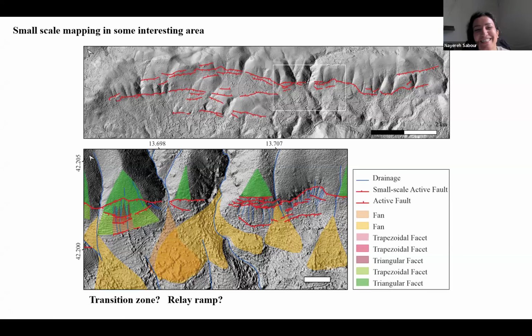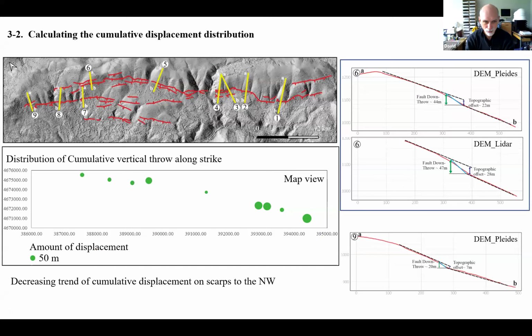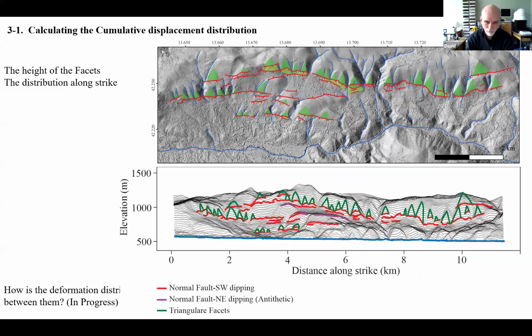Just wondering, you mentioned that the displacement seems to decay somewhat when you go more to the north. The cumulative displacement across the whole width of the fault zone doesn't seem to vary that much.